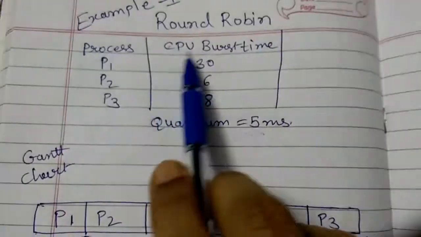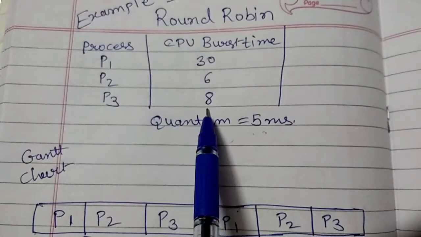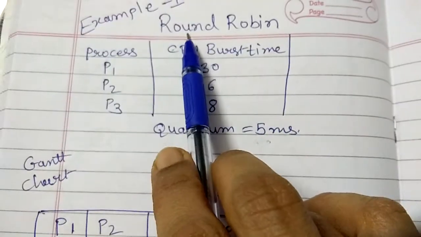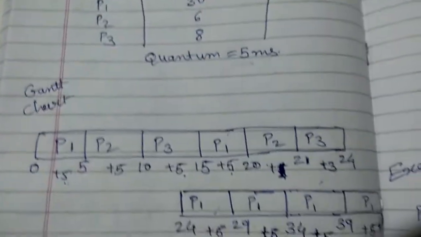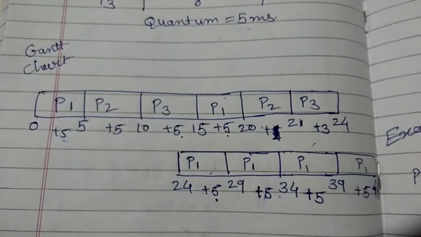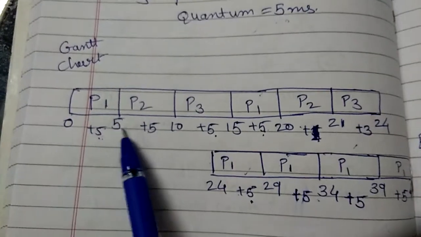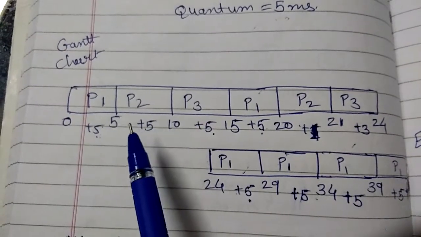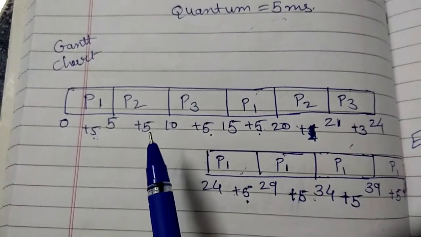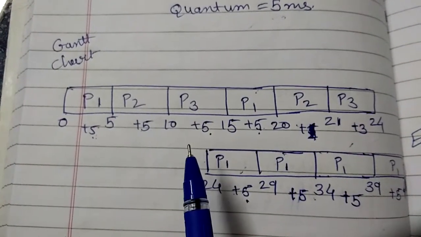Now, on the basis of this given burst time and the principle of the round robin algorithm, here I have drawn the Gantt chart. For round robin, the Gantt chart will be quite long.